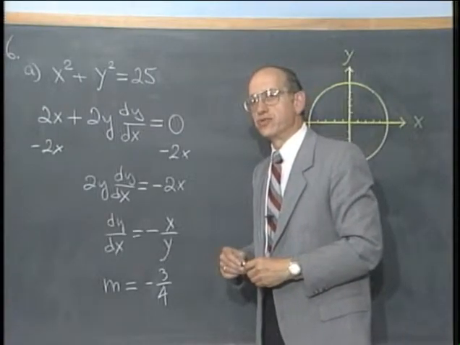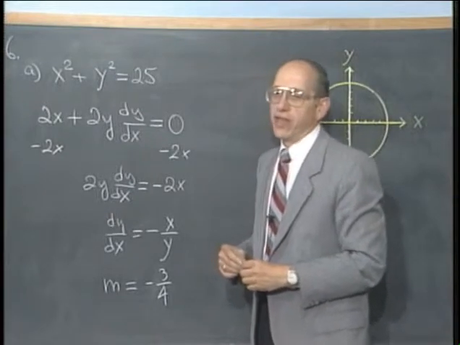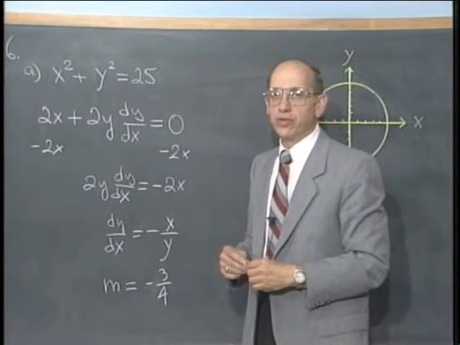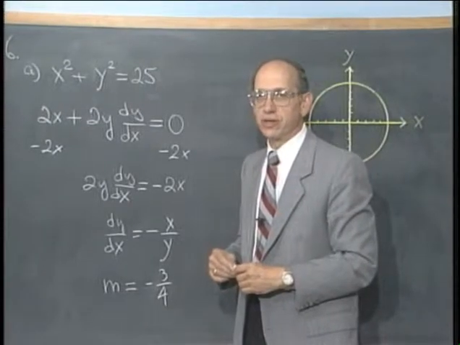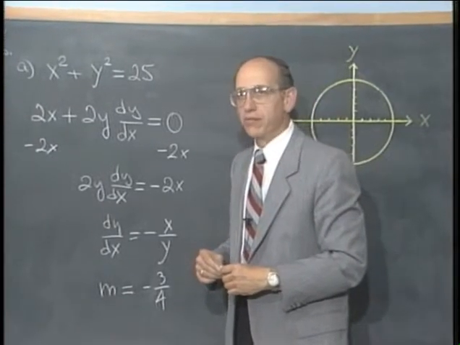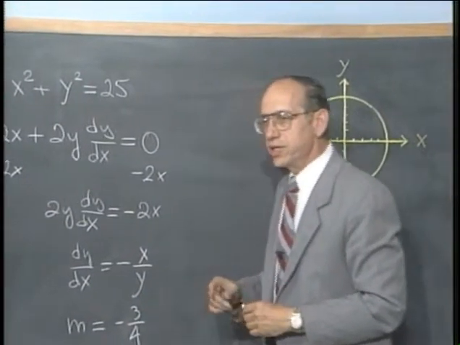What's interesting about this result is that there is a well-known geometric theorem which says that the tangent line to a circle at any point is perpendicular to the radius of the circle at that point. Remember, this is a circle of radius 5 centered at the origin. So let's take a look over here.